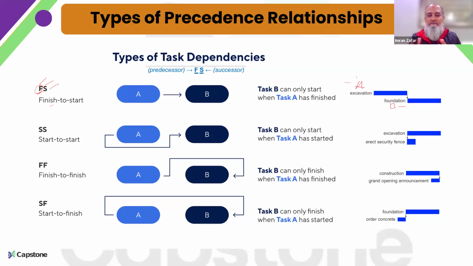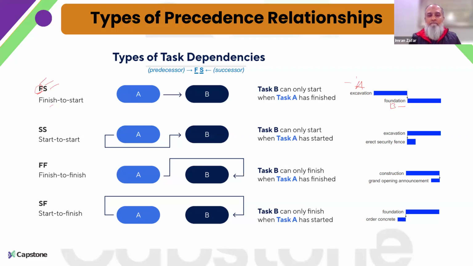And the third one is finish to finish, which is that task B can only finish when task A has already finished. An example of it, again, I'll go back to the example that I gave earlier: let's say you are writing a report.